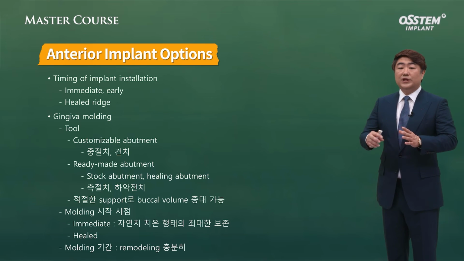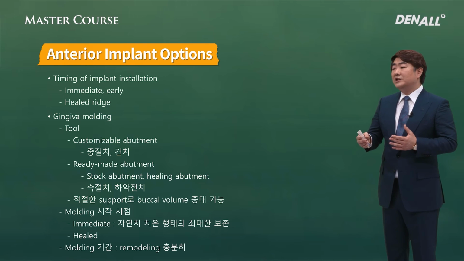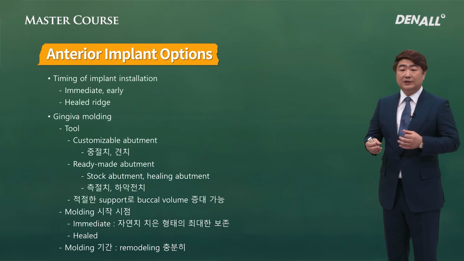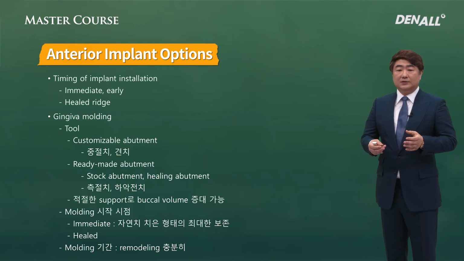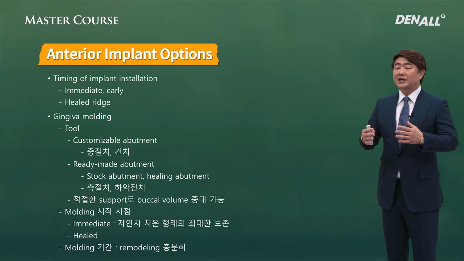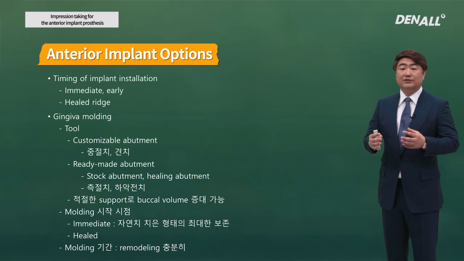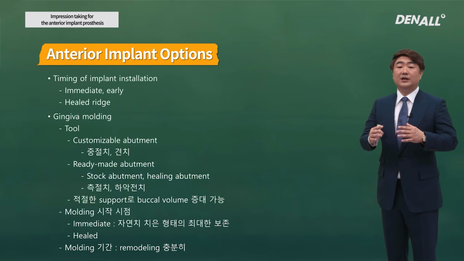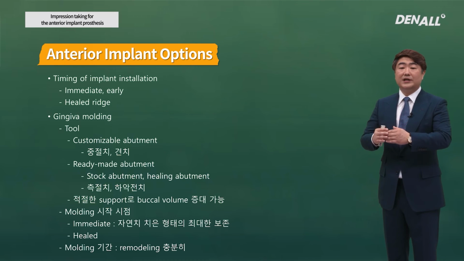Using an appropriate molding tool, the buccal volume can also increase. The starting point of the molding would be, if possible, immediately after extraction, and the molding period should be as long as possible, so it has some time for stabilization.